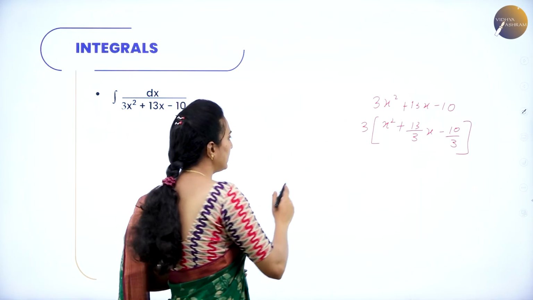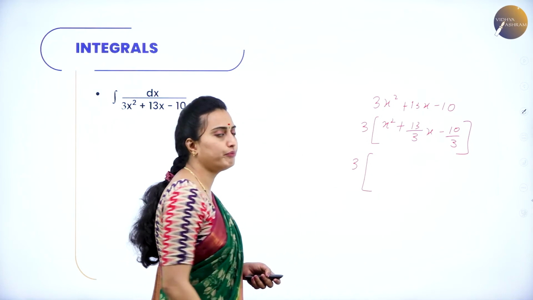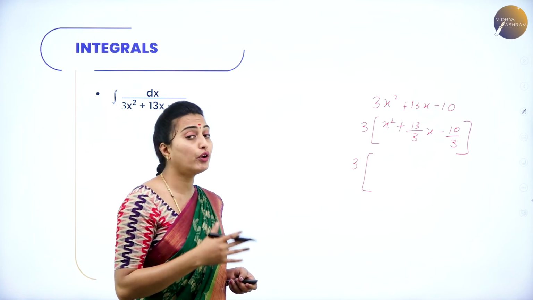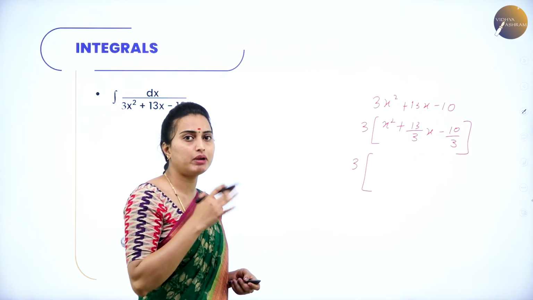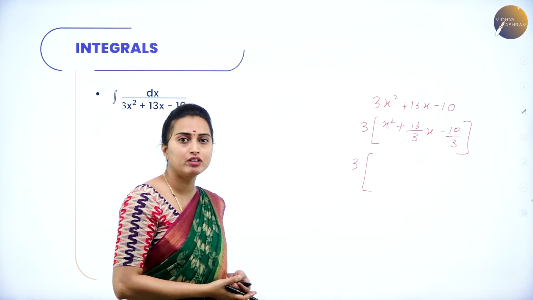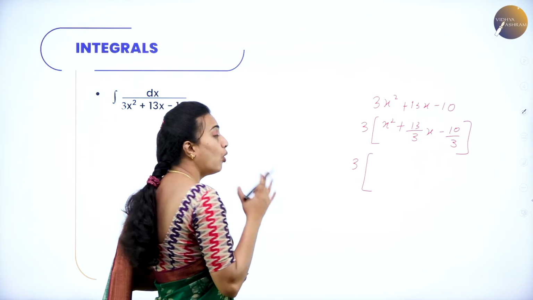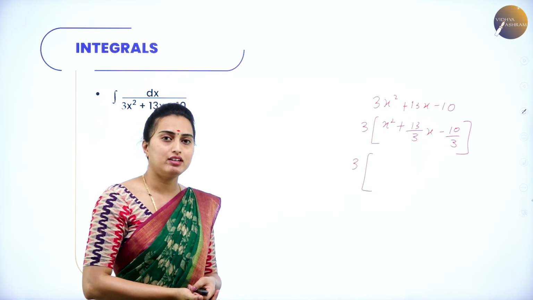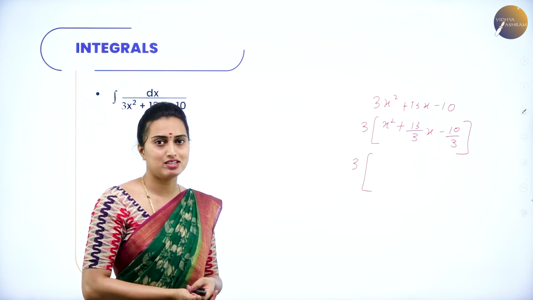Now, 3 will be as it is, 3 into this, and the coefficient of x squared I have already made 1. Now, you have to look at the coefficient of x. What is the coefficient of x? 13 by 3. Half of that will be 13 by 3 into 1 by 2, which is 13 divided by 6. That's it. So, whole squared of that: 13 squared is 169 and the denominator 6 squared is nothing but 36.